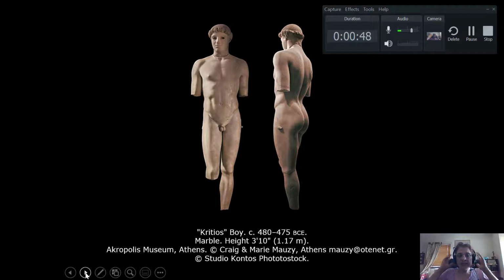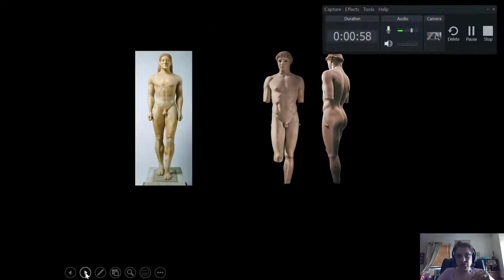So when we look at this, this is the Kritios Boy, circa 480 to 475 BCE. If you remember back to the last video I made, we were looking at the Kouros figures. Now this is still a Kouros figure, though this figure is very different from that figure.